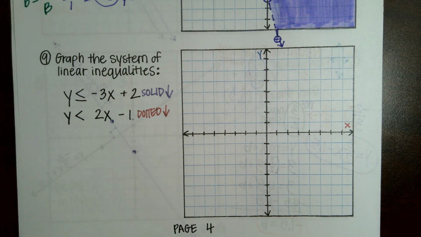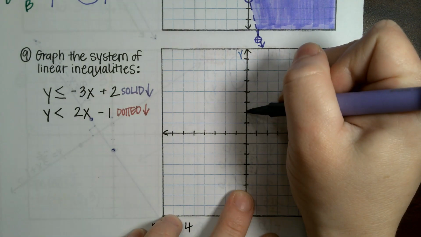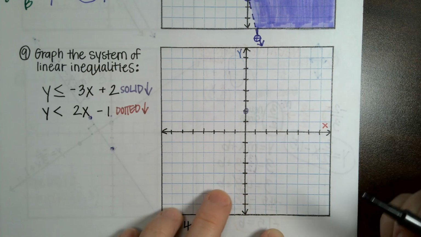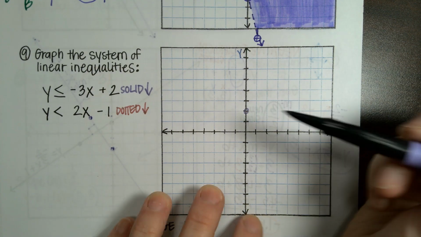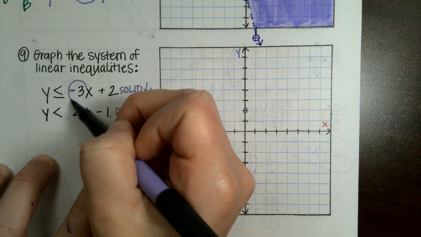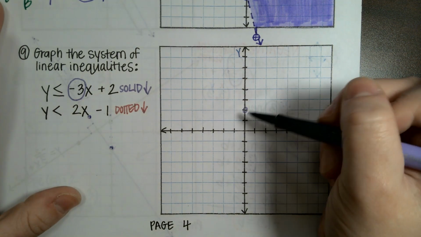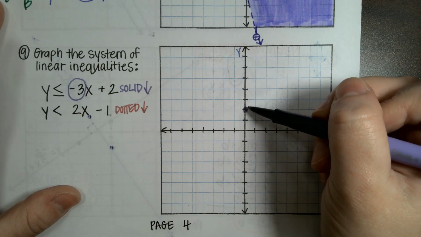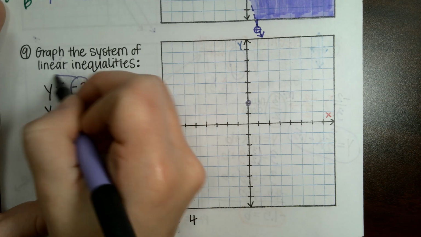Okay, so let's go ahead and graph that first one. Where's my first point? 2 plus 2. And where will my second point be? How do I find it? Okay, so my slope is negative 3. So where do I go? Negative 3.